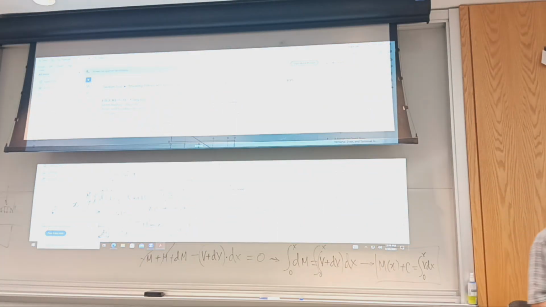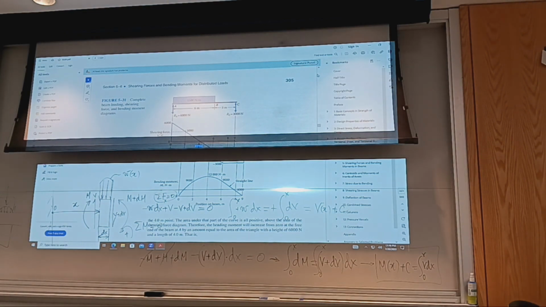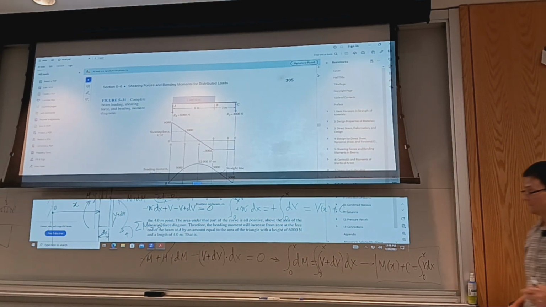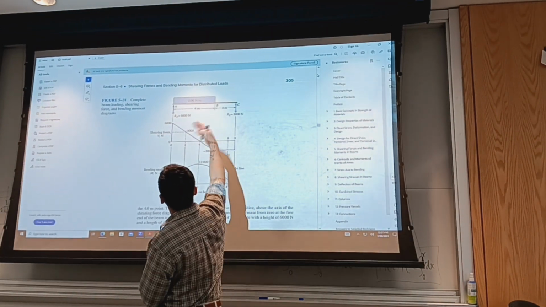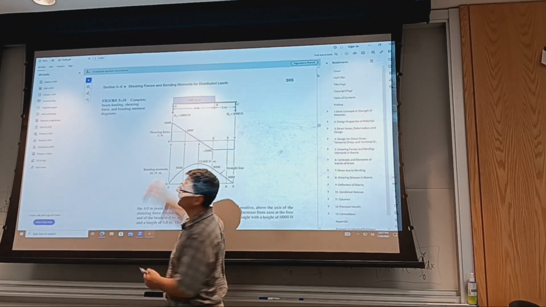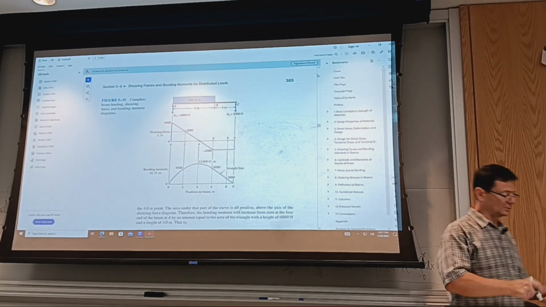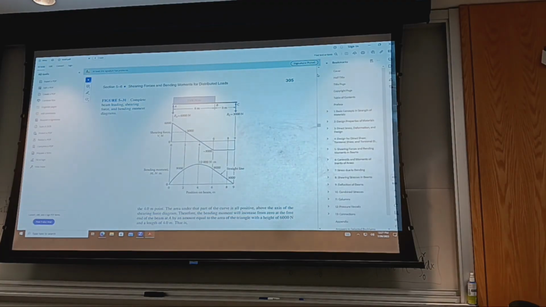Okay, so that was the most general formulation that you can think of, which captures all aspects, including not having a distributed load, or when the distributed load is higher order.